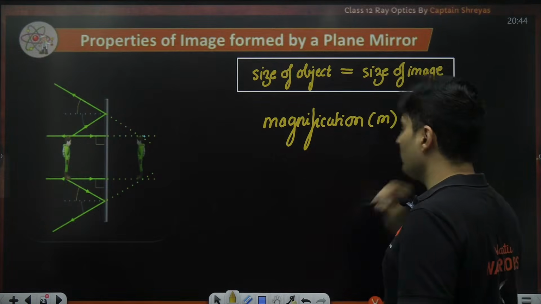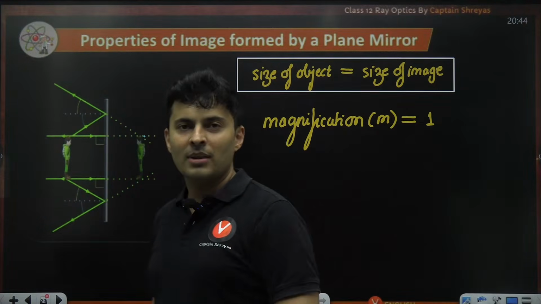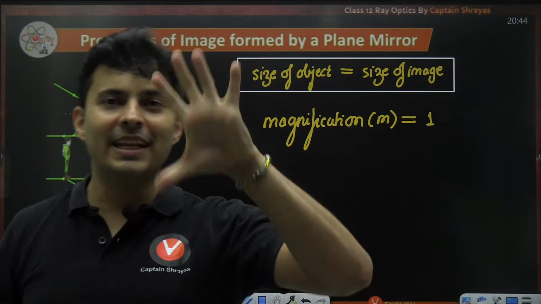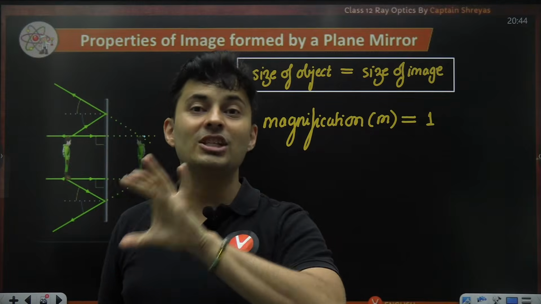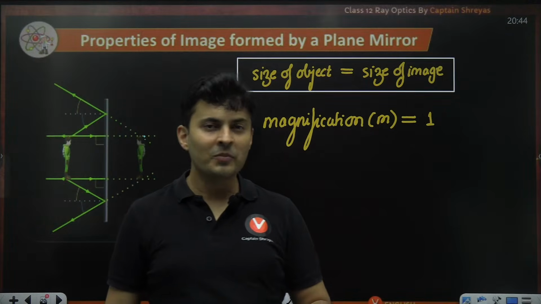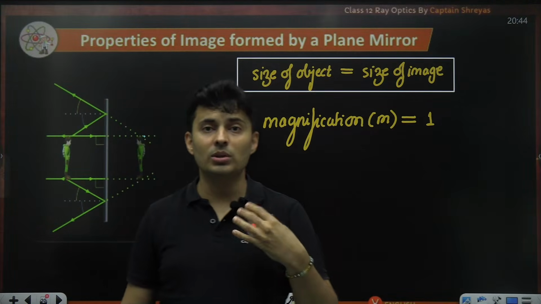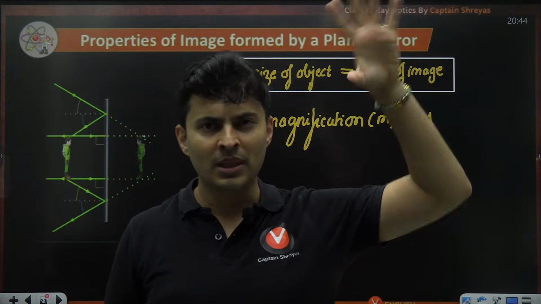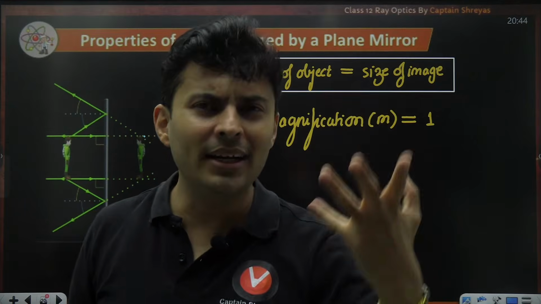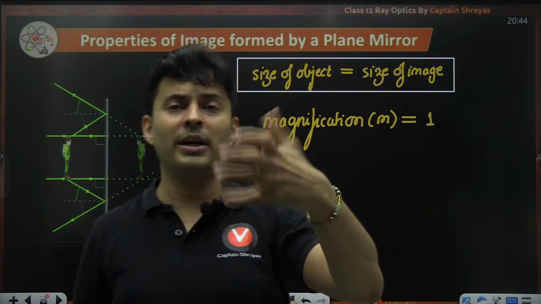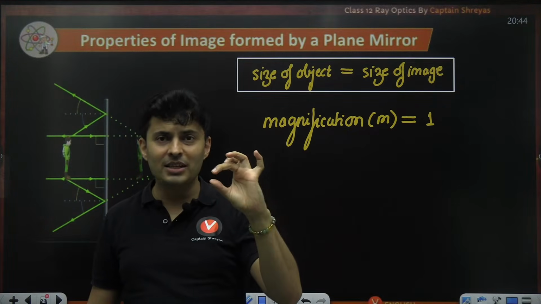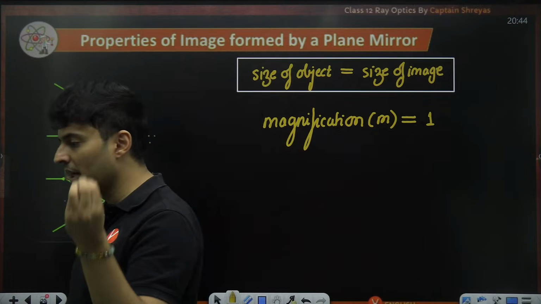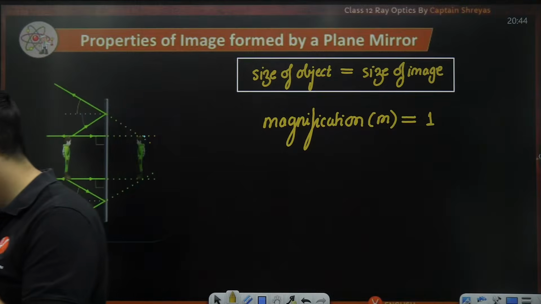How many times has it been magnified? 1. 1 represents unity, means it has not been enlarged nor been diminished. It's of the same size. If this magnification was 2, 3, 10, something like that, that means you have enlarged it. If this same number was like 0.9, 0.65 or 0.1, that means you have made the image smaller than the original object. That's what this number magnification tells.